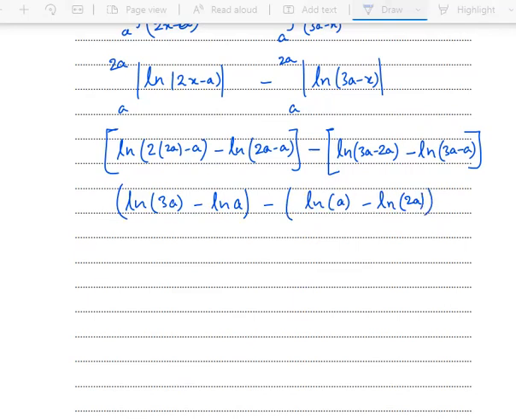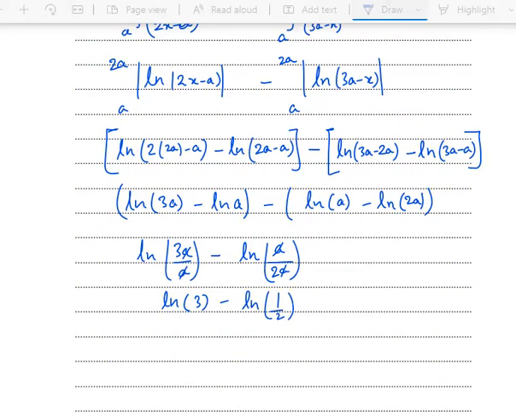Now using the property ln a minus ln b is ln a by b, I can write this thing as ln of 3a divided by a, minus ln of a divided by 2a. So I can now cancel a and a. So we finally have ln of 3 minus ln of 1 by 2.